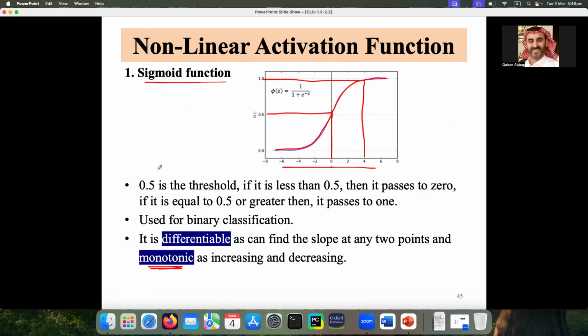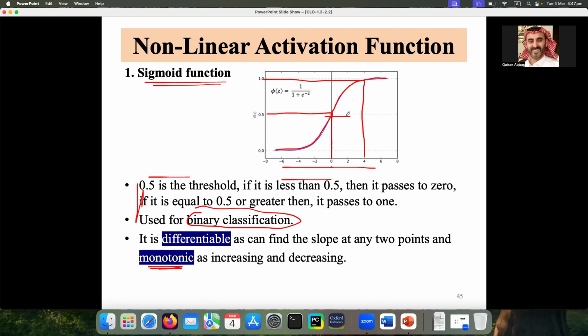The other information you already know. The 0.5 is the threshold. If it is less than 0.5, we consider it 0, and if it is greater than 0.5, we consider it 1. I am not explaining these because you already know. We use this activation function only for binary classification, when two classes are involved.